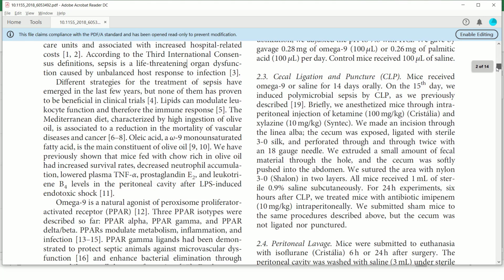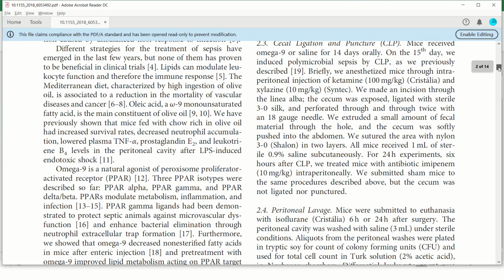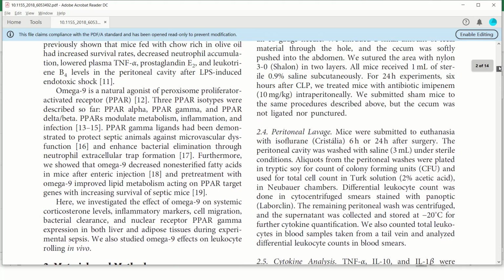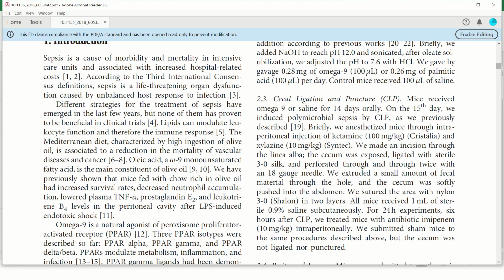The other thing, let's see if they have described it in the initial parts. Okay, they describe omega 9, they describe treatment of sepsis. So their purpose is what happens when you induce sepsis in people who are taking omega.